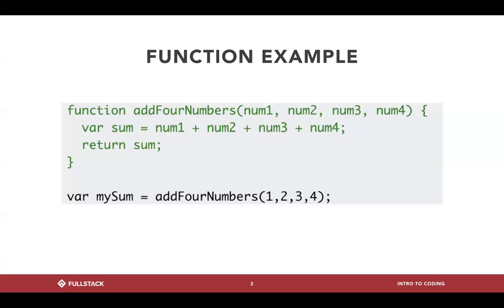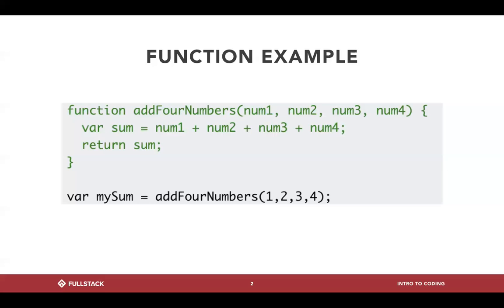And that value will then be stored in my sum. So in this case, just to go over it one more time, we have 1, 2, 3, and 4 passed in as arguments. So now num1 is 1, num2 is 2, num3 is 3, num4 is 4. Then we define a variable sum. We declare sum, a variable declaration, and that is going to be equal to the sum of 1, 2, 3, and 4, which is 10.